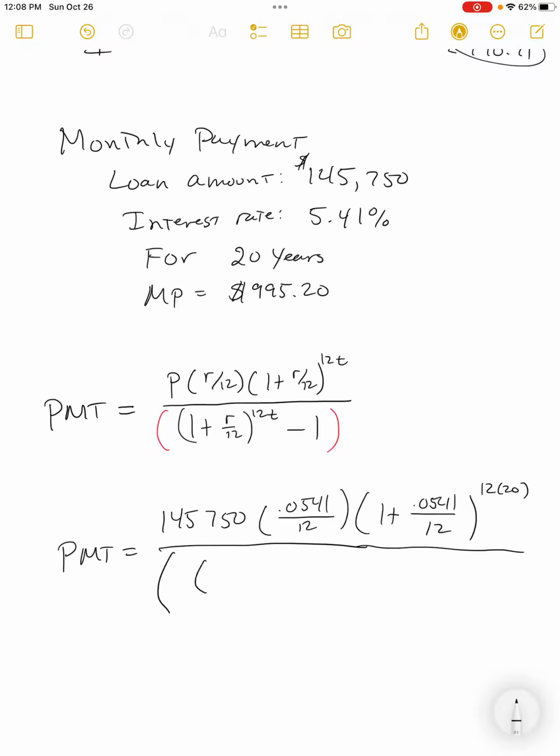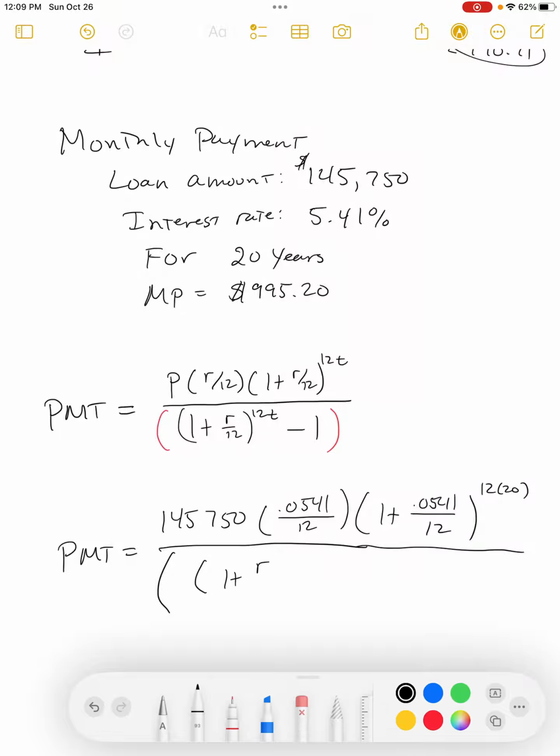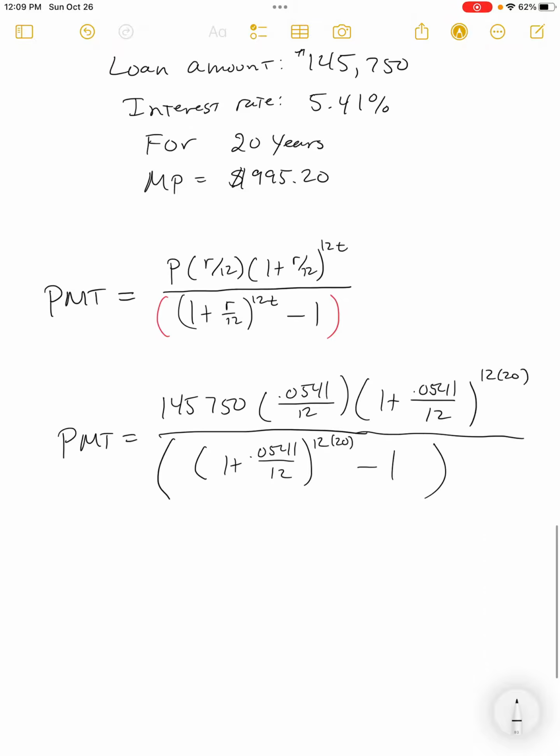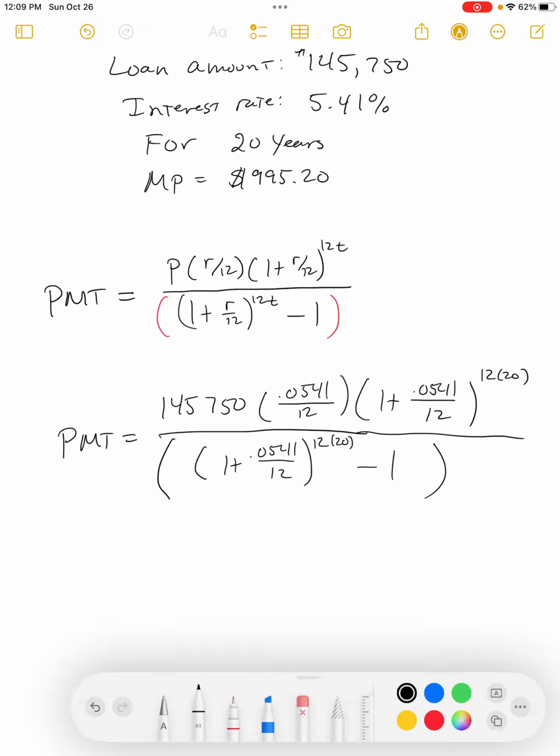And on the bottom here, the big parentheses on the outside, 1 plus R, we know what R is, 0.0541 divided by 12 to the 12 times 20, minus 1, close the parentheses. So you know what I'm going to ask you to do next. What I'm going to ask you to do next is figure out what 12 times 20 is and write it down.